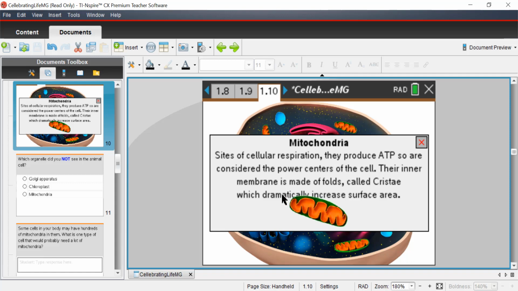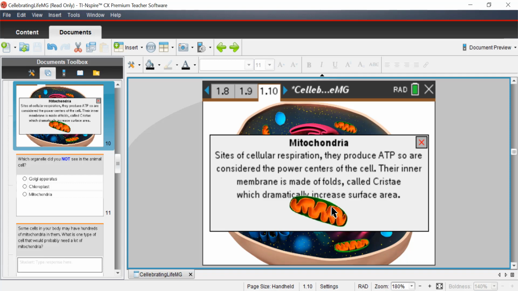Okay. The inner membrane is made of these little folds. See the orange part? Now, your mitochondria are not green and orange. This is just an animation, a representation to help you see what it is. So don't focus too much on the color, but do focus on the shape. You see these little folds here.